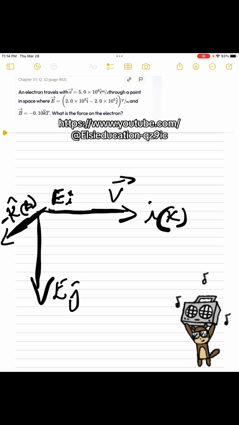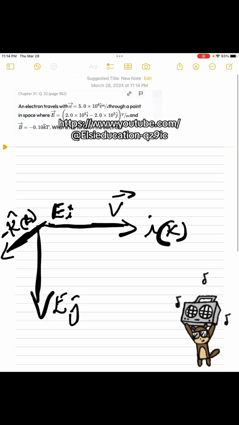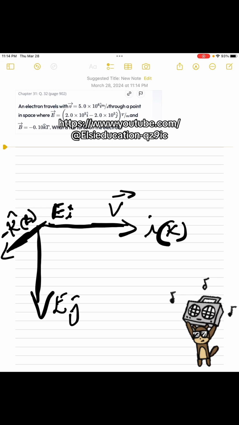So now we need to know what's the force of the electric field. So if you use your right hand rule, we see the direction of the electric field goes to the right, and if the magnetic field is going out of the page, then the force of the magnetic field is going down.